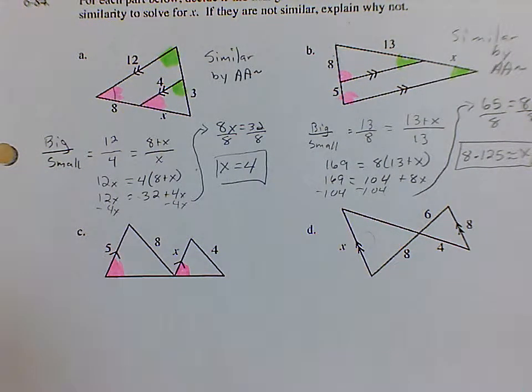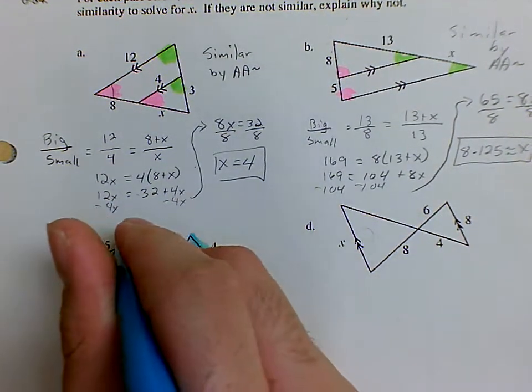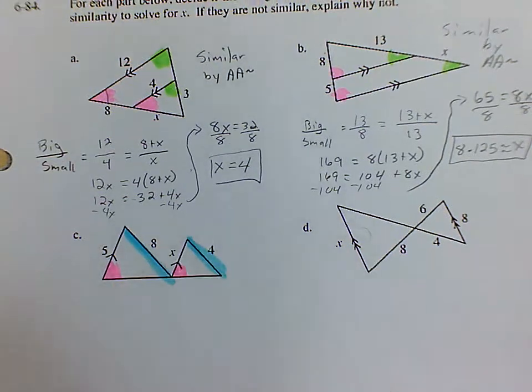And then we've got some sides that look like they might be proportional. So we've got an angle. We've got this pair of sides. Let me highlight that pair of sides. But we still don't have side similarity, angle similarity, or side angle side.